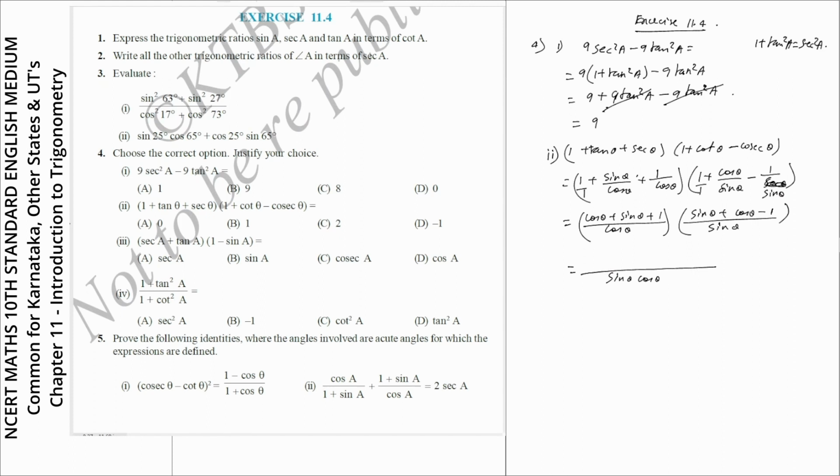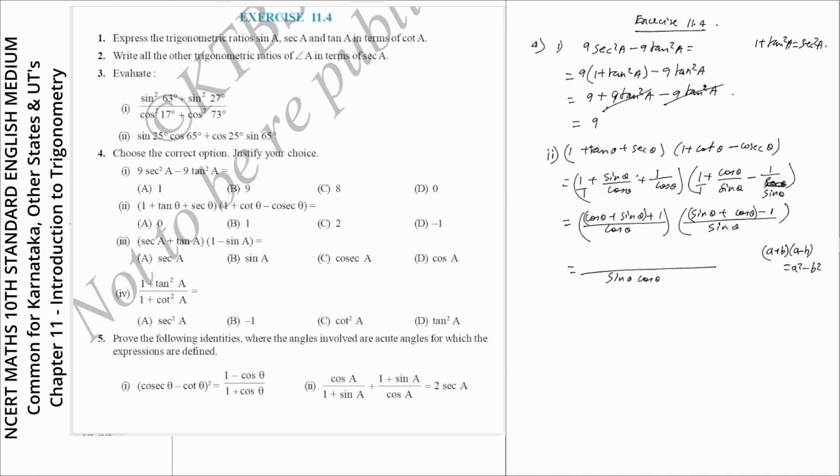Now you can see in the numerator cos theta plus sin theta plus 1 into sin theta plus cos theta minus 1 is there. Now what is a plus b into a minus b? This is equal to a square minus b square. Now here I'll group sin theta plus cos theta.